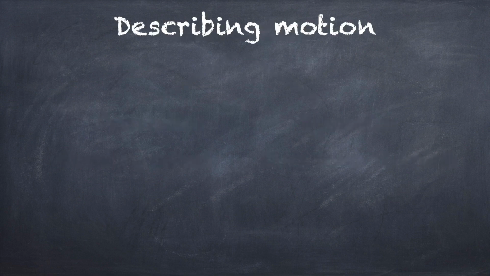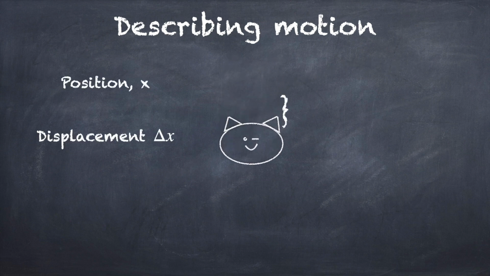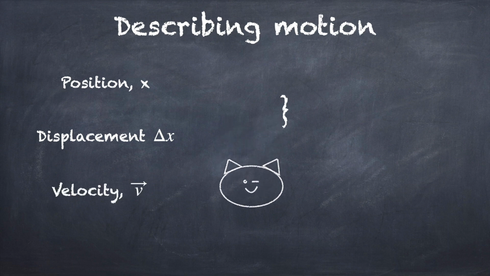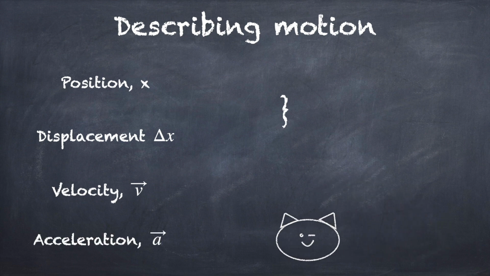We can describe an object's motion mathematically by considering a few measurable quantities, which will be discussed throughout the chapter. We'll introduce position, where something is, displacement and distance, related to how far something is moved, velocity, how it's moving, and acceleration, which is how that motion is changing.